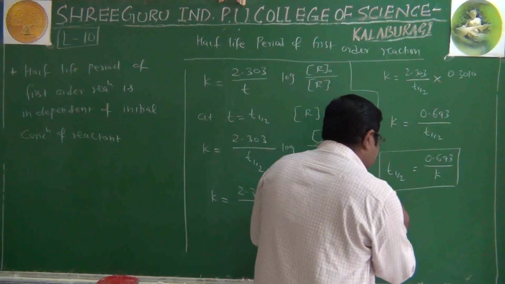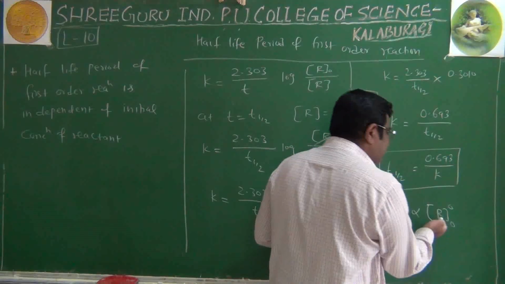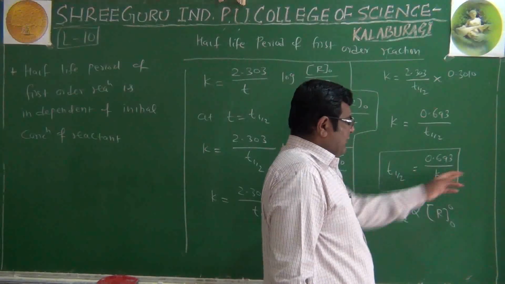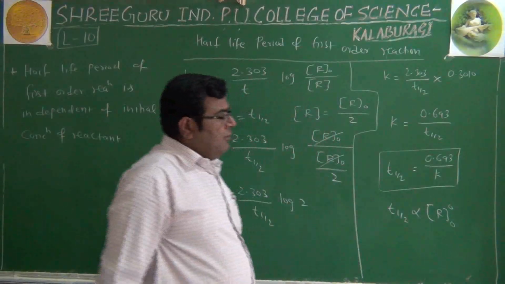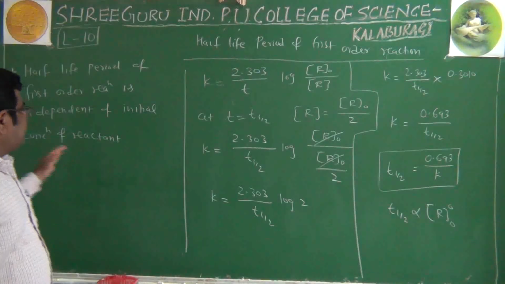We can write t half is directly proportional to R0 raised to 0, which means 1. We can consider it as directly proportional to the 0 power of R0. It means it is independent.